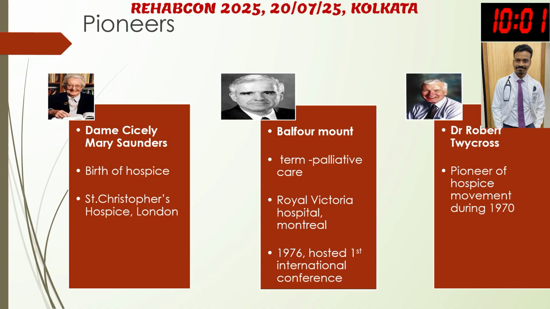So she did initially nursing, then social work, and then became a doctor. Then she opened St. Christopher's Hospice, London, in which she used to admit all the patients who were critically ill with life-threatening illness and who were dying at that point. She did a lot of research and presented the concept of total pain.